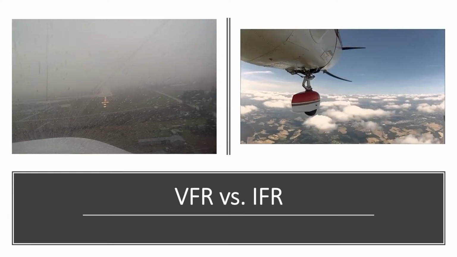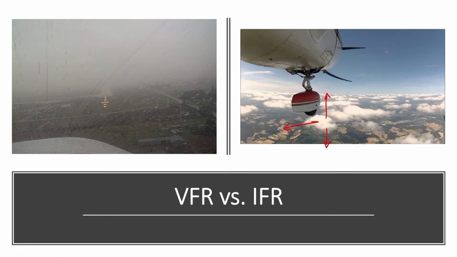So you're going to hear these terms. We usually say VFR and IFR. So this whole class is dedicated to visual flight rules, and we're going to go through those rules on Monday. There's another set of rules called instrument flight rules, and you'll learn about that if you end up getting your instrument rating. So very simply, as you can see on the right-hand side, that is a VFR environment, and the whole purpose of the visual flight rules is, depending upon the airspace that you're flying in, they will basically dictate how high above a cloud, below a cloud, and horizontally from a cloud you need to be.